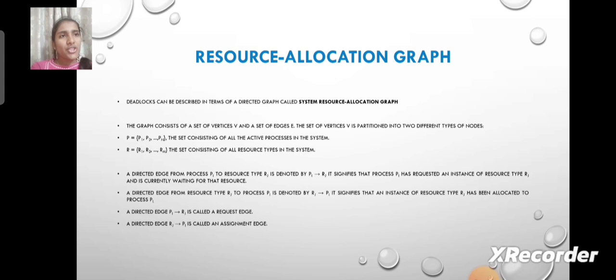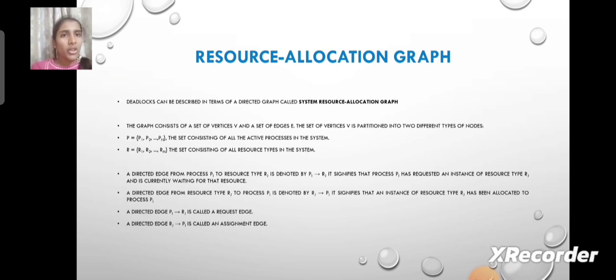Resource allocation graph. Deadlocks can be described in terms of a directed graph called the system resource allocation graph. The graph consists of a set of vertices V and a set of edges E. The set of vertices V is partitioned into 2 different types of nodes.